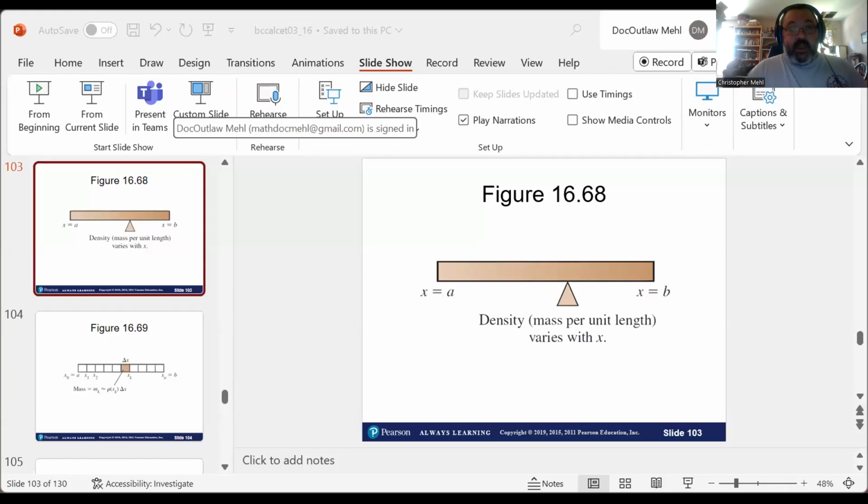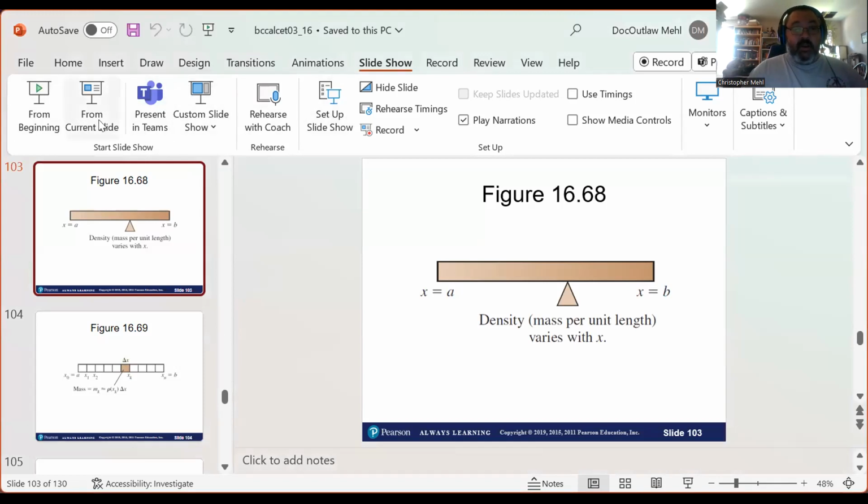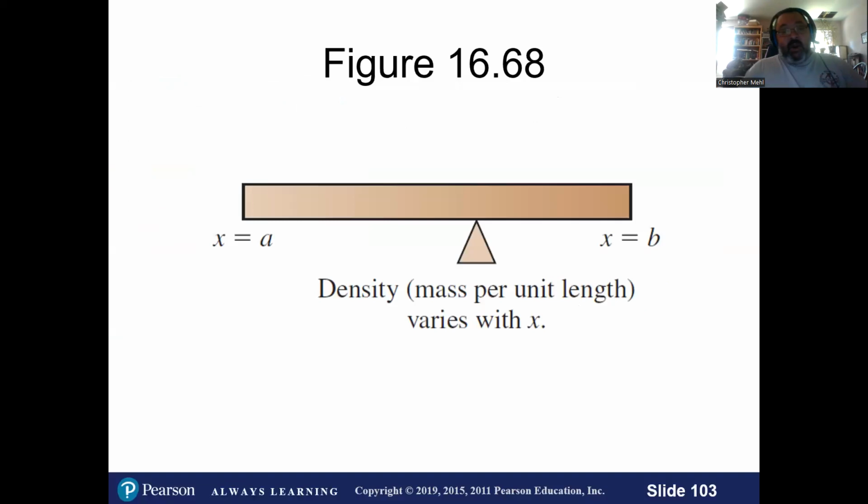Now we can take this setup and move it to our linear bar, our wire or thin bar idea of variable density, where the mass varies along the bar, and we can turn that into a center of mass problem.